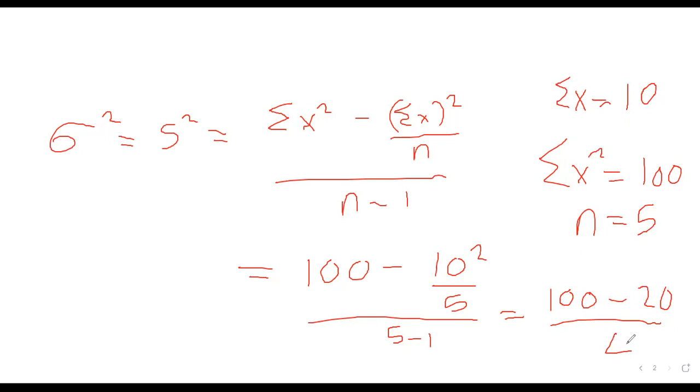What is your final answer? 20, isn't it? 80 divided by 4 is 20. All right. So you get 20.